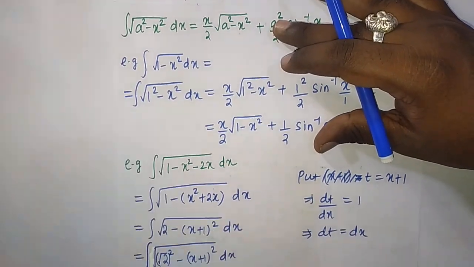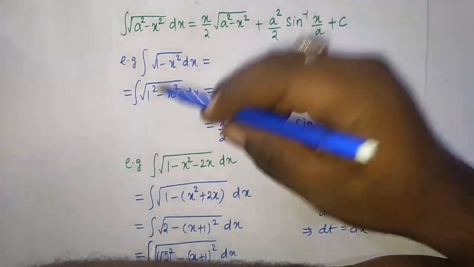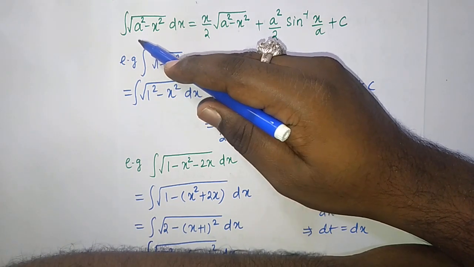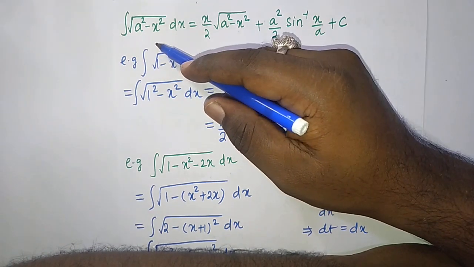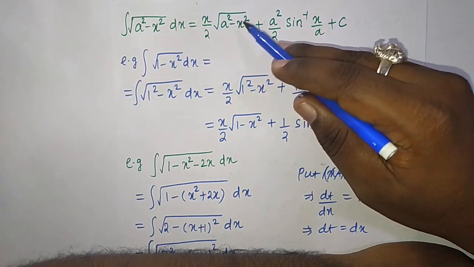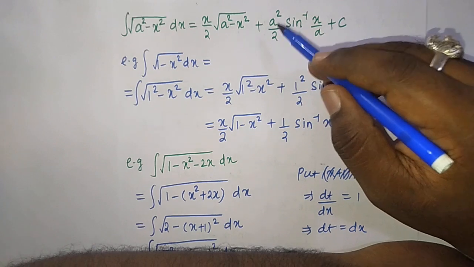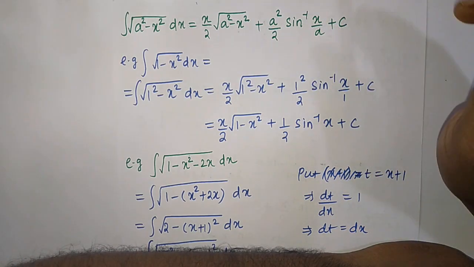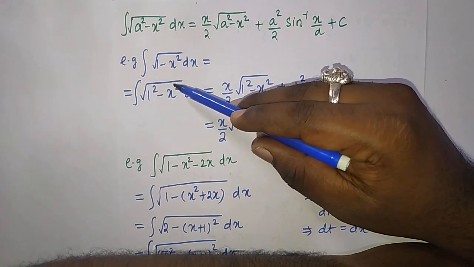Okay, and this is the last form you have left. The form is the integration of root over of a square minus x square. Here is the formula: x by 2 root over of a square minus x square plus a square by 2 into sine inverse x by a plus c. Here I have given one simple example.